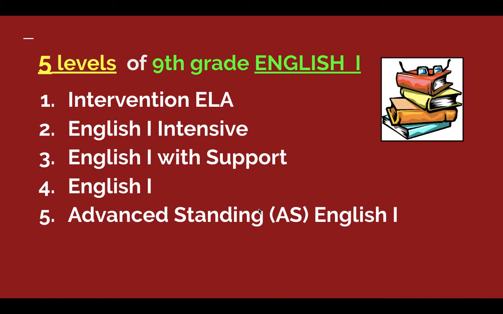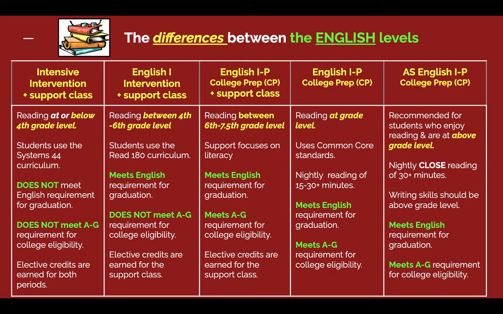There are 5 levels of 9th grade English: Intervention ELA, English 1 Intensive, English 1 with Support, English 1, and Advanced Standing or AS English 1. The difference between the classes is that the 2 classes on the left, the Intensive Intervention and English 1 Intervention, do not meet college requirements.